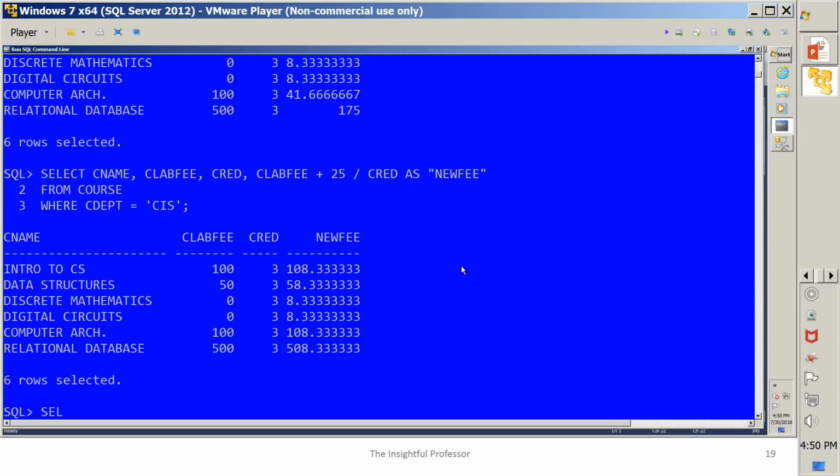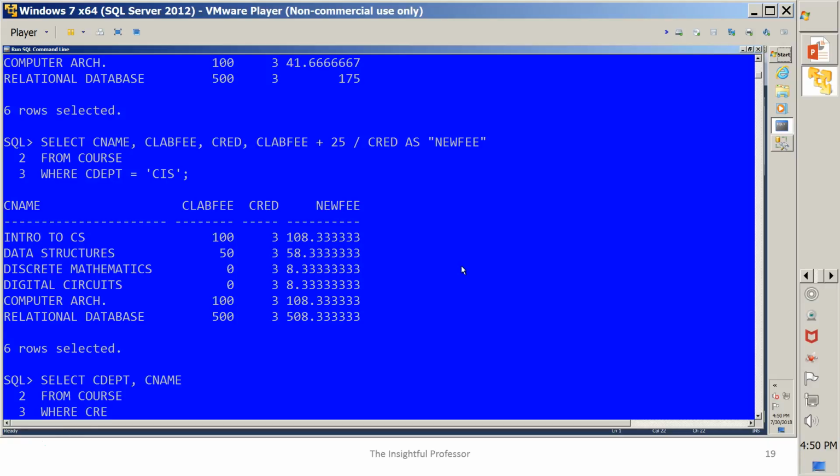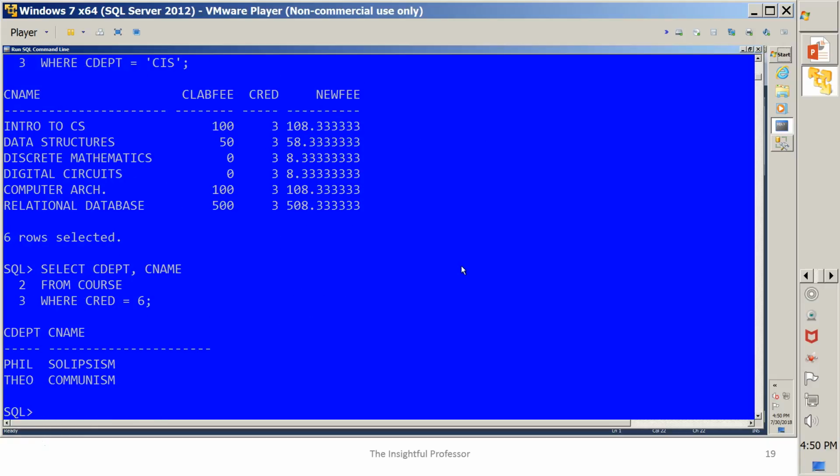Okay, so in Oracle, I'm going to start off by saying, show me the department, show me the name from course, where the credit is equal to 6. And we see the two distinct columns shown here. Now I'm going to make the modification to perform the operation presented in the handout. I'm going to take the C department, vertical bar, vertical bar, and then I'm going to take the course name.